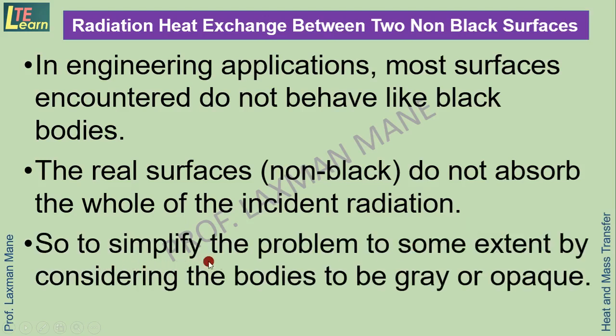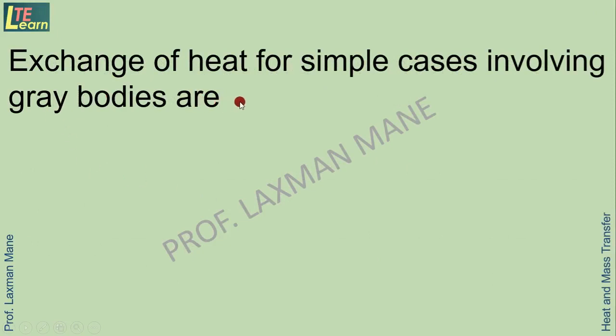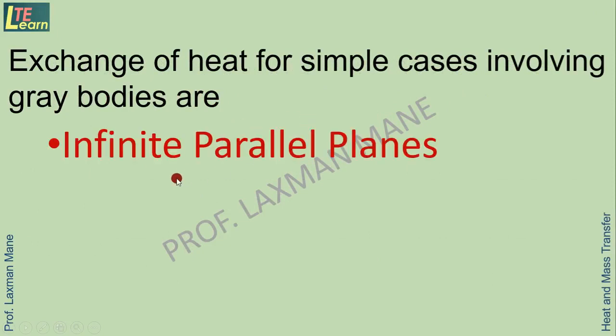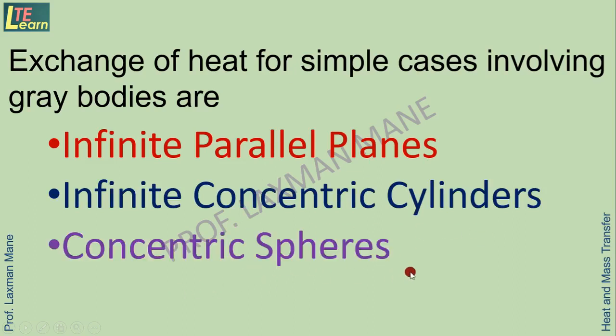So to simplify the problem to some extent, we consider the bodies to be gray or opaque. For gray bodies, heat exchange for simple cases involves three cases: infinite parallel planes, infinite concentric cylinders and concentric spheres.